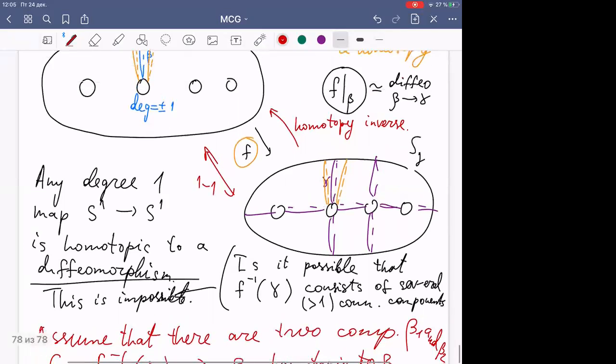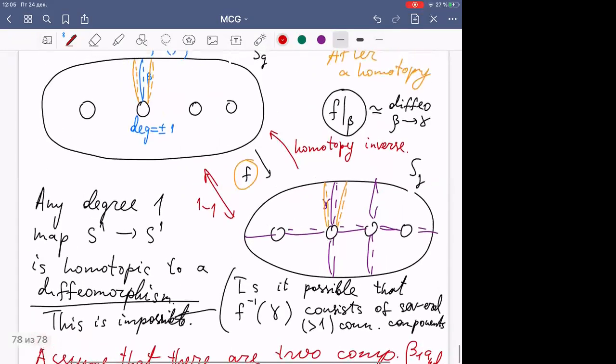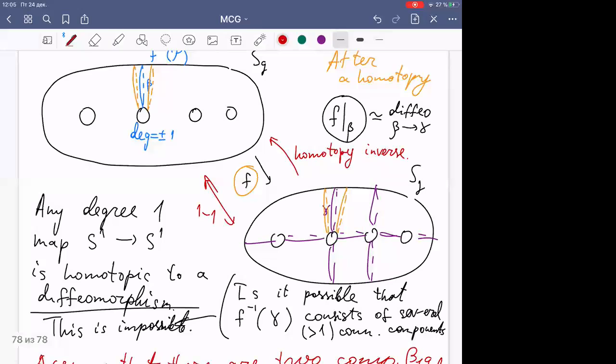Indeed, both of them map to gamma with degree 1. Hence, this homotopy inverse maps the homotopy class of gamma to the homotopy class of beta 1, and on the other hand to the homotopy class of beta 2, where homotopy class is a conjugacy class in the fundamental group. So we see that they represent the same homotopy class.